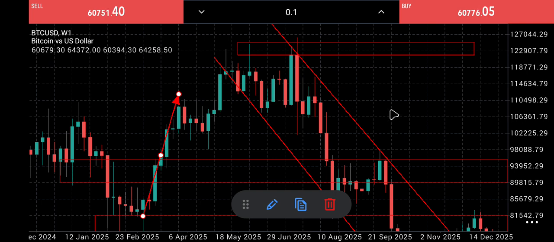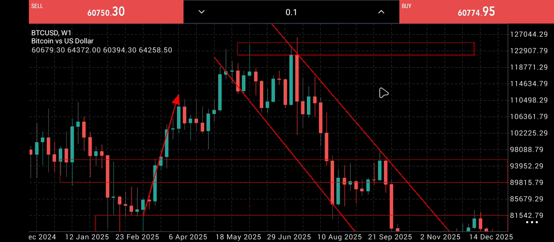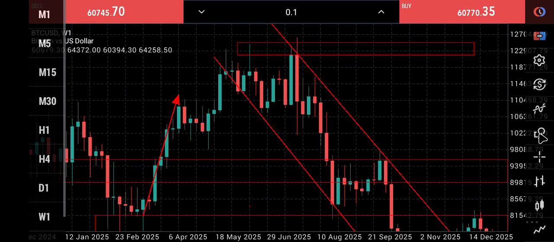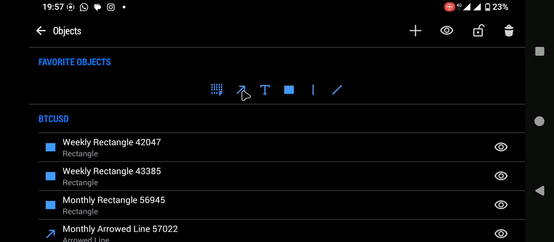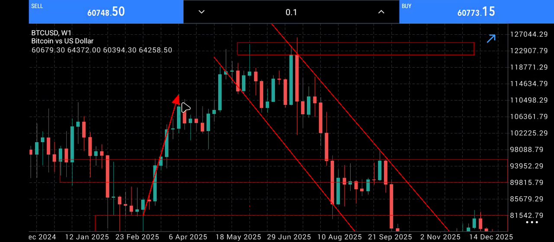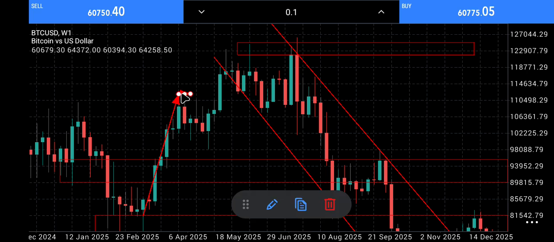Then we had a pullback, right? This is our pullback up to here. If this is our pullback up, that means that this is our demand area.